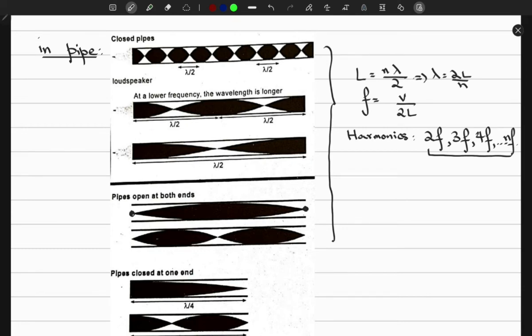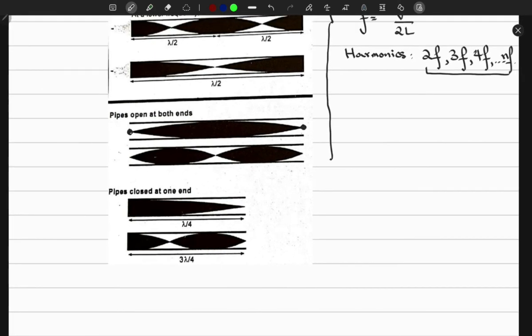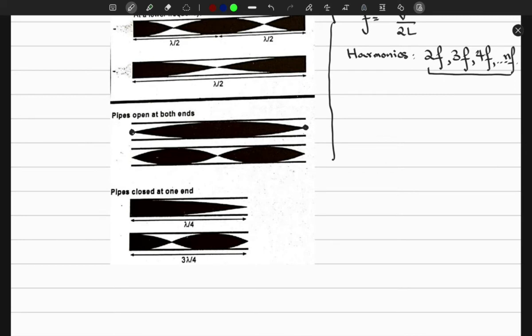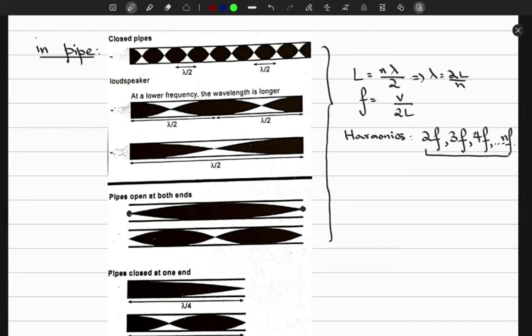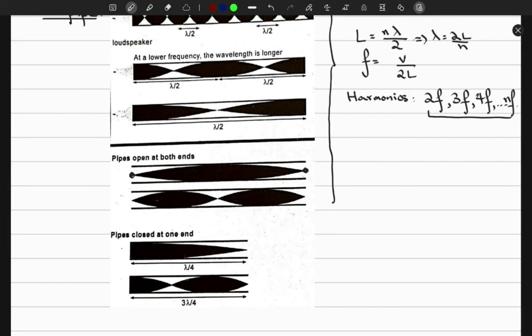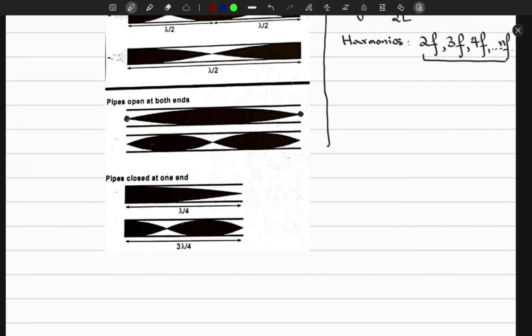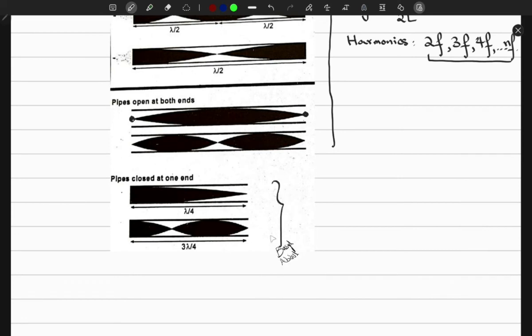Now, if I consider the case where I have pipes which are open at only one end, these are those pipes. They are open at only this end and closed at this end.